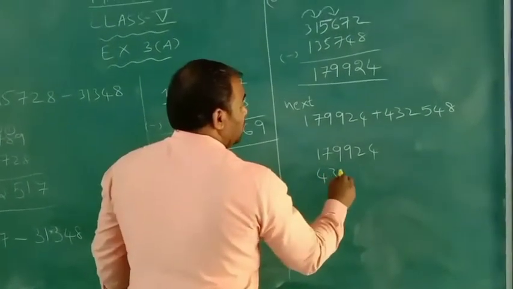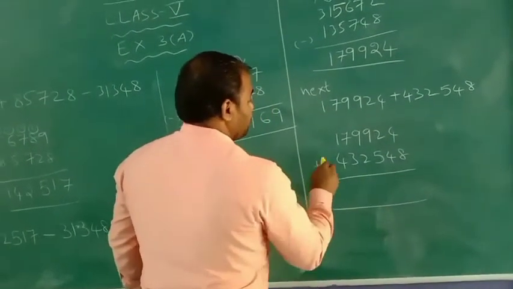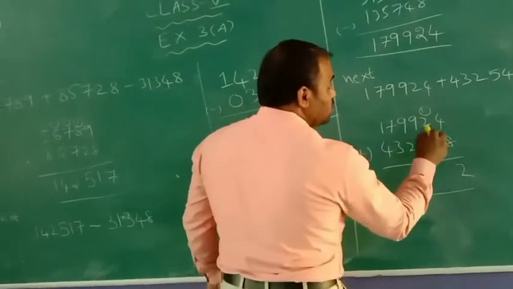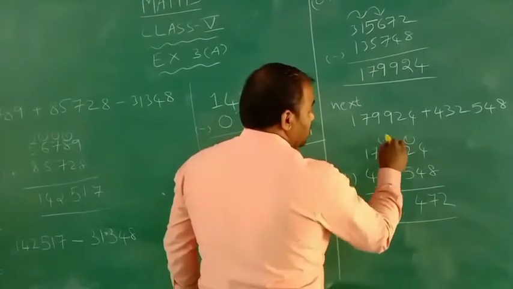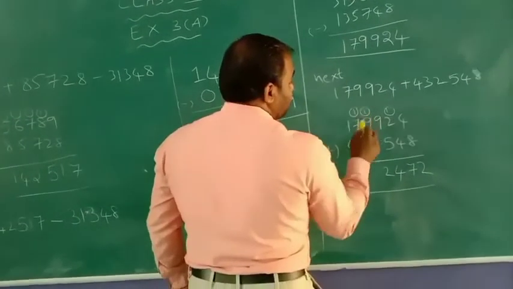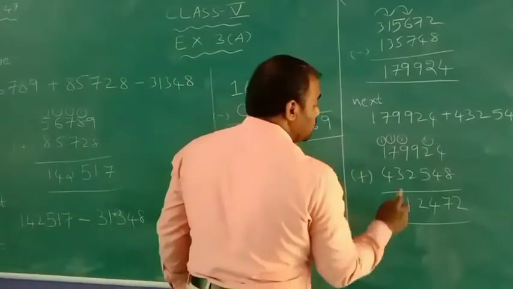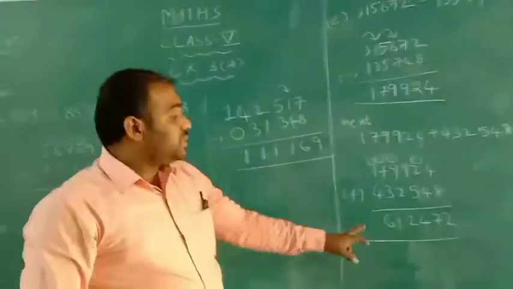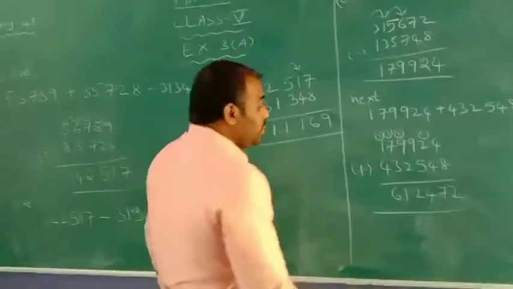Add beta, 4 plus 8, 12. 1 carry. 1 plus 2, 3. 3 plus 4, 7. 9 plus 5, 14. 1 carry. 9 plus 1, 10. 10 plus 2, 12. 1 carry. 1 plus 7, 8. 8 plus 3, 11. 1 carry. 1 plus 1, 2. 2 plus 4, 6. Therefore, our required answer is 6,12,472. Remaining problems are homework beta.